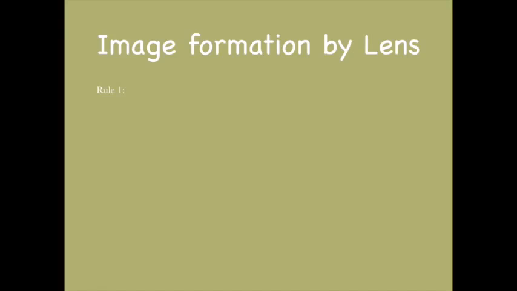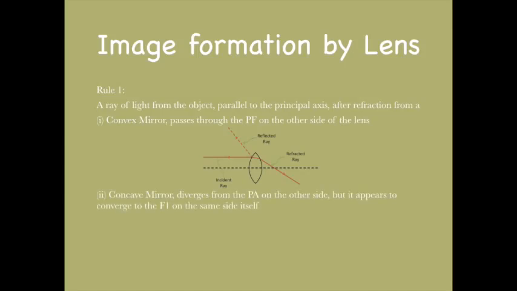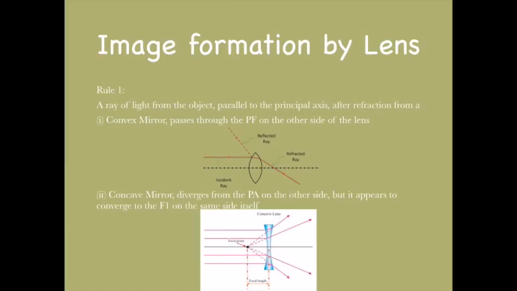So let's directly start with rule number 1, which says that a ray of light coming from the object parallel to the principal axis after refraction from a convex lens goes through the principal focus, and for a concave lens it diverges from the principal axis on the other side, but it appears to converge at F1 on the same side itself. Have a look at the diagram, please.